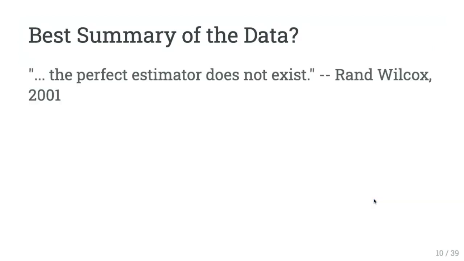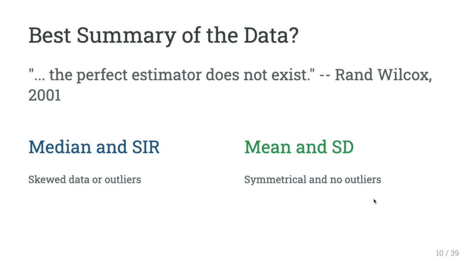One thing to keep in mind is that the perfect estimator does not exist. In other words, there's not a summary statistic that is the best, that just works all the time. Some rules of thumb: you can use a median and SIR or IQR with skewed data, or if you have really big outliers.